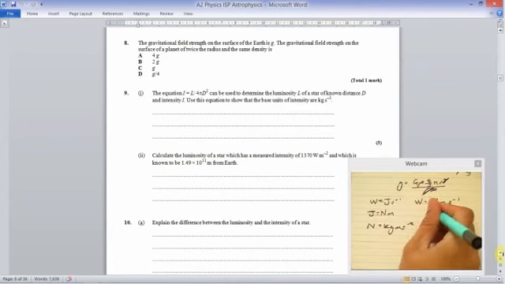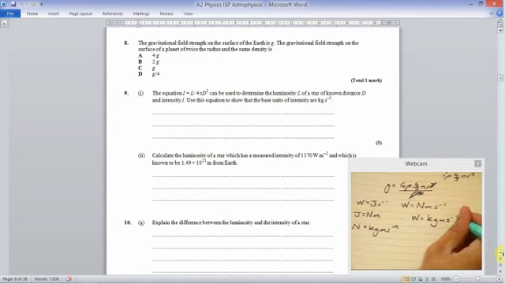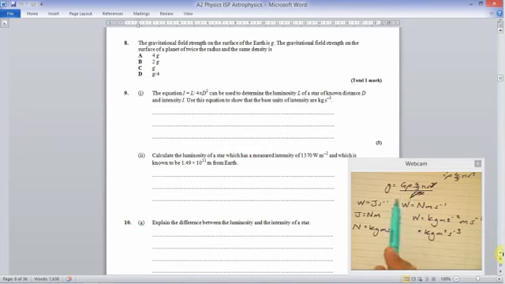So watt is going to be equal to kilogram meter per second squared meters seconds to the minus 1. So what we end up with from that, if we cancel, is kilogram meters squared seconds to the minus 3. But we've only done the top line of the equation, so we've only done what luminosity is.